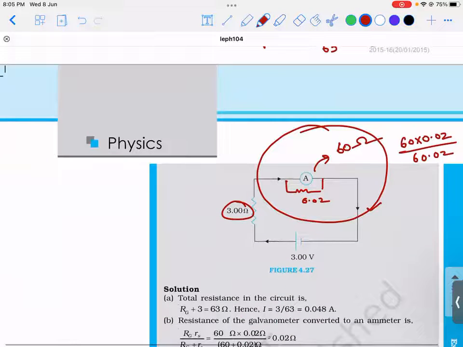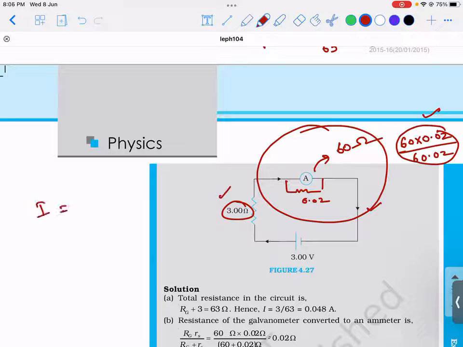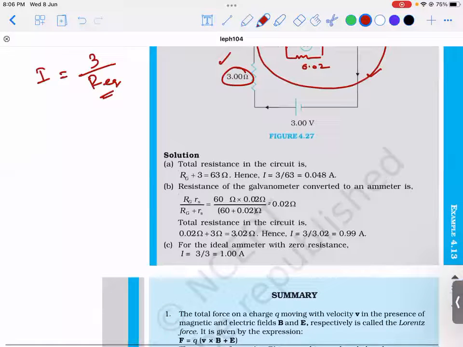That's R1 R2 by R1 plus R2. You can directly find it, and whatever resistance that is should be added to 3. Then I will be equal to 3 divided by R equivalent. So R equivalent is 3.02, and you'll have 0.99 ampere.